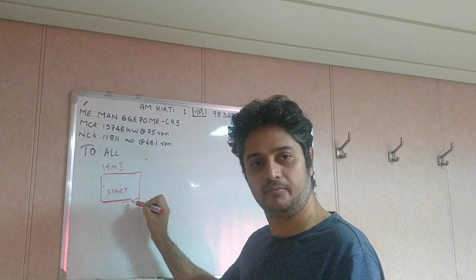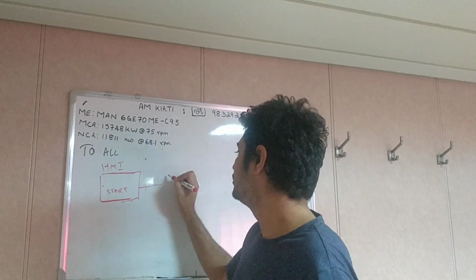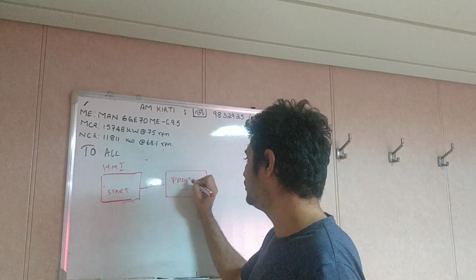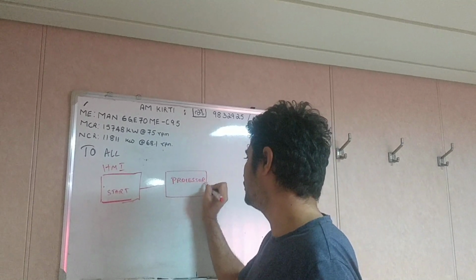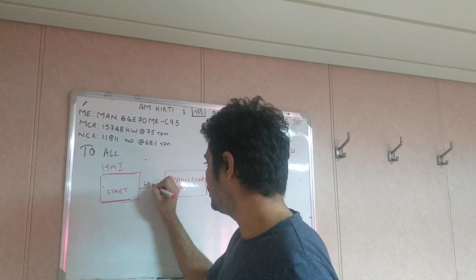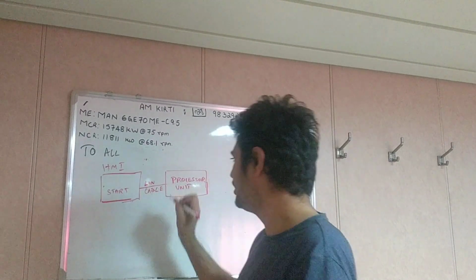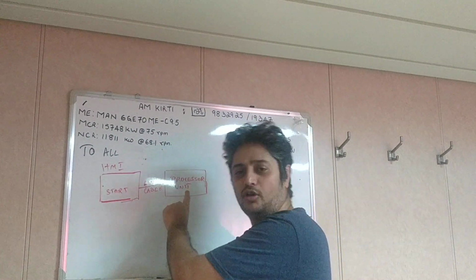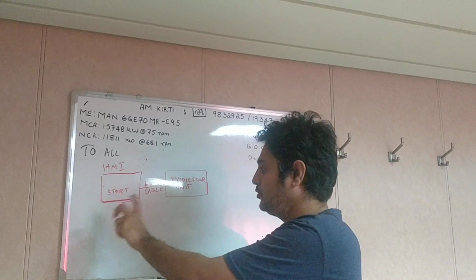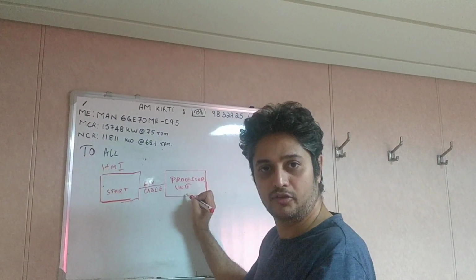So when you press start, what is happening is, there will be a processor unit. Okay, this is a computer basically. This is just a touch screen panel. So when you give the start command in the panel, through the LAN cable, a digital signal goes to the processor unit.